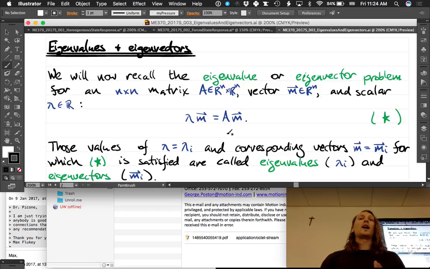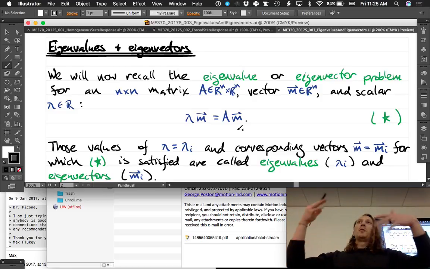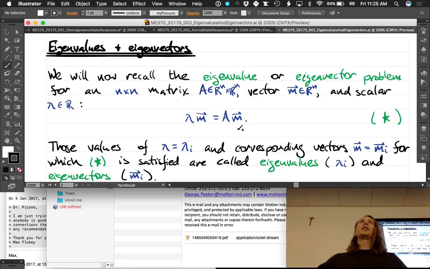On the other side, we're multiplying m by a matrix, A. And we're saying those can be equal, for certain conditions. And those conditions will define what the eigenvalues and the eigenvectors are.